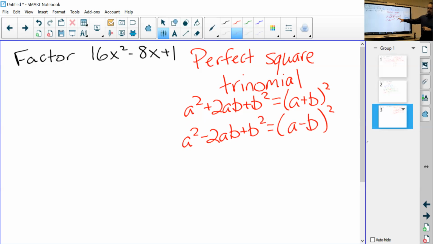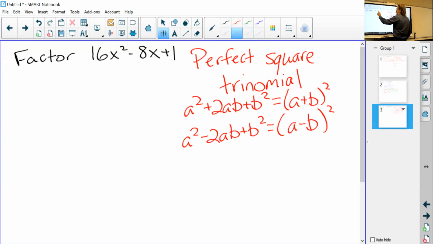Okay, so this works if and only if the first and last terms are perfect squares, so 16 and 1 is good, right? 4 times 4 is 16, 1 times 1 is 1. And then that middle term needs to be those square roots multiplied by each other.